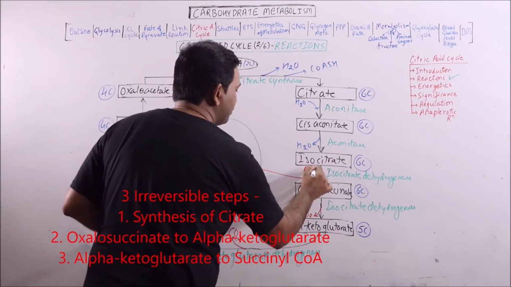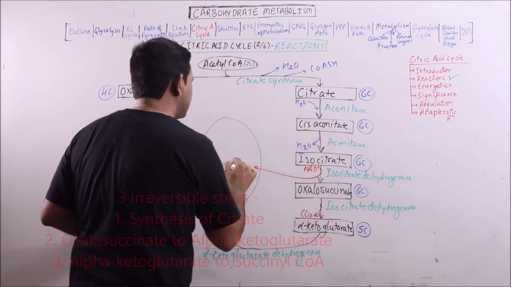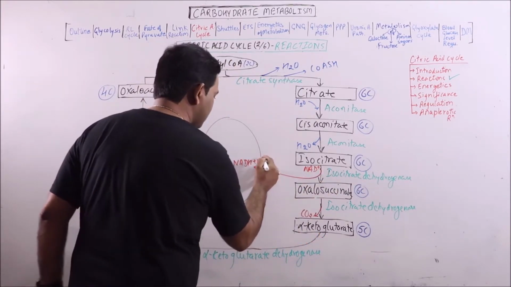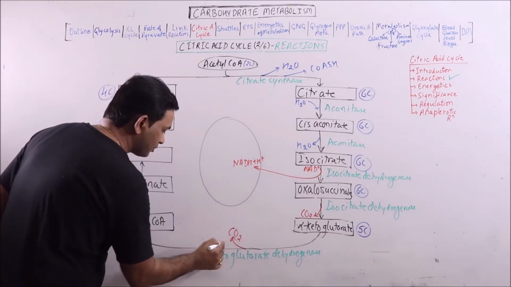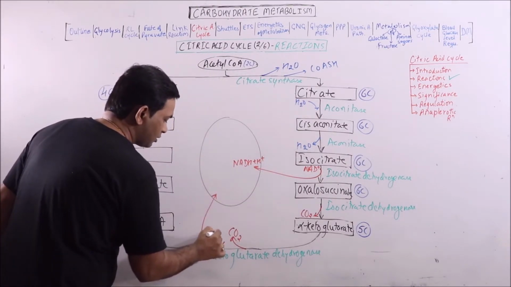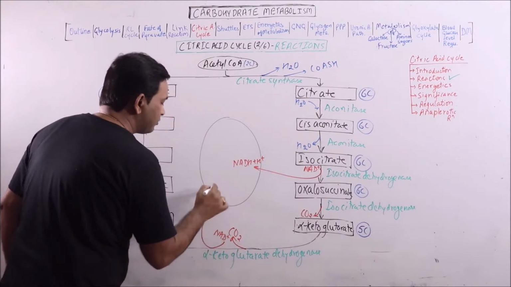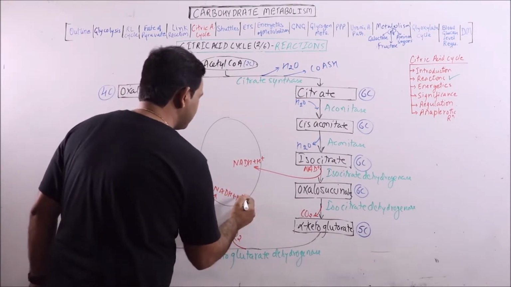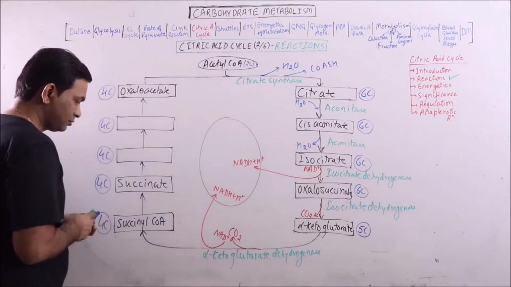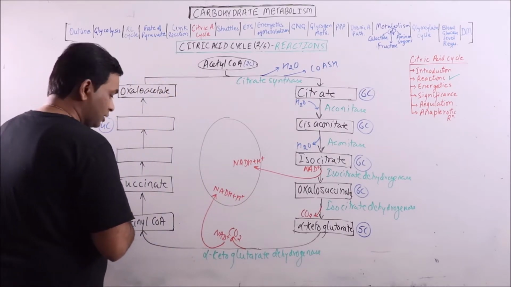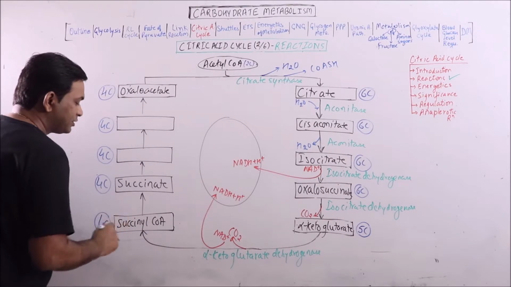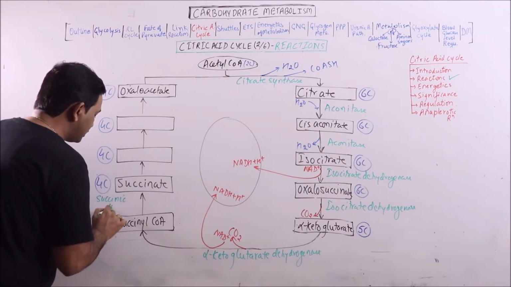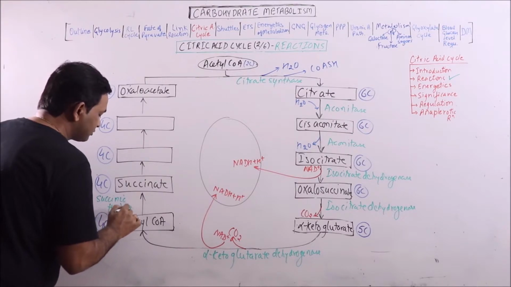In this step, NAD plus is reduced to NADH. In the same way, NAD plus is reduced to NADH. Now, this step is mediated by succinic thiokinase.